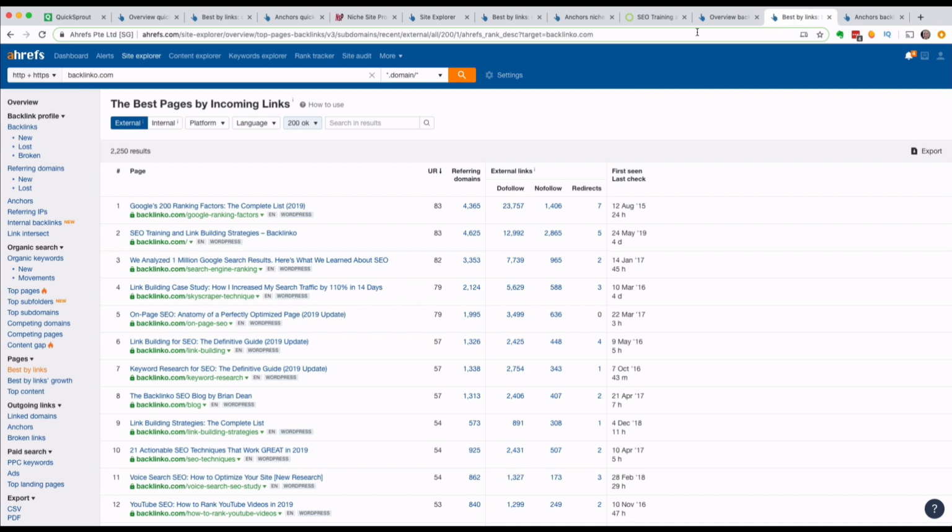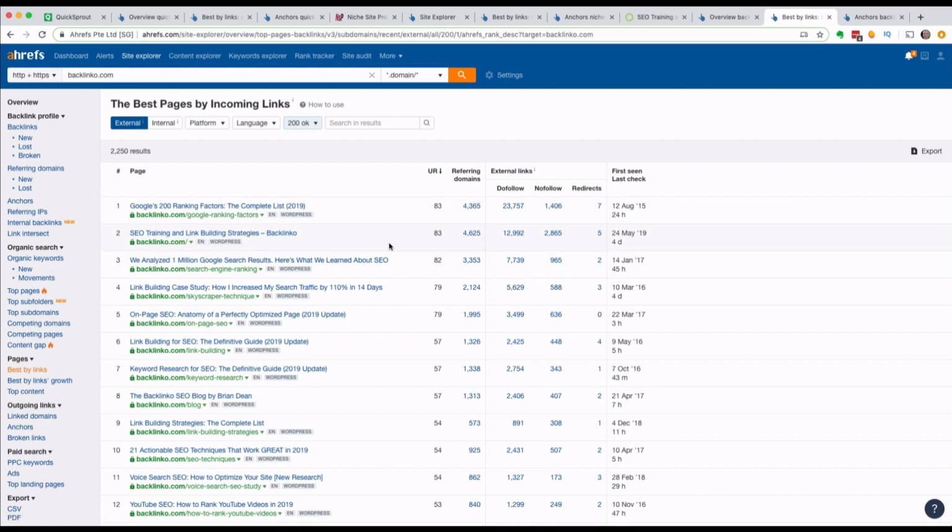When we look at where those links are going, there's a little difference here. This, to my knowledge, was one of the first publicized skyscraper techniques on Backlinko. It's the Google ranking factors, and that's actually the majority of the backlinks when you look at the sheer number. But when you look at the referring domains, it's a little bit less than the homepage.